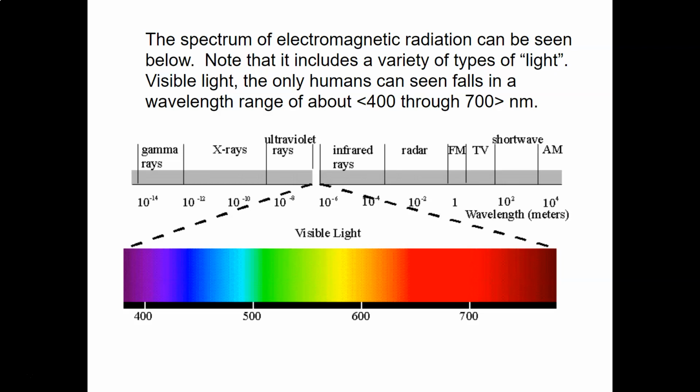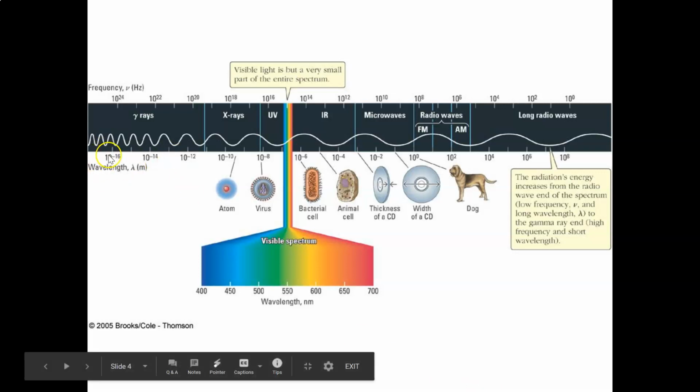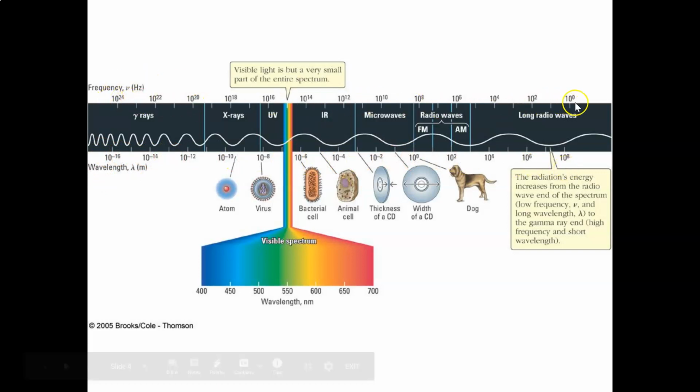We just said 400 to 700, but it's in the 300 range to the 700 range for visible light. Again, you've seen something like this during first year. It just gives you an idea that as the wavelength gets bigger, the frequency gets smaller, and the energy also gets smaller.